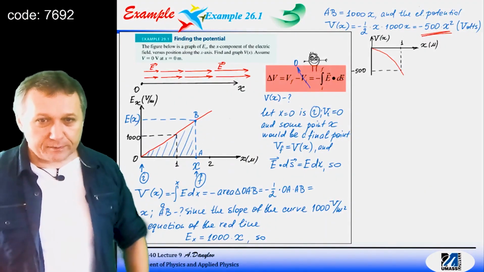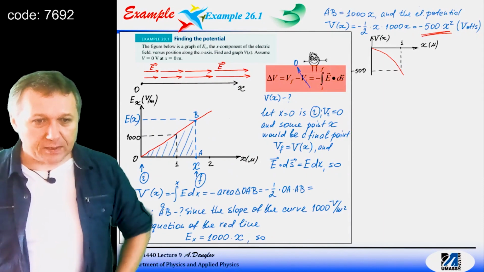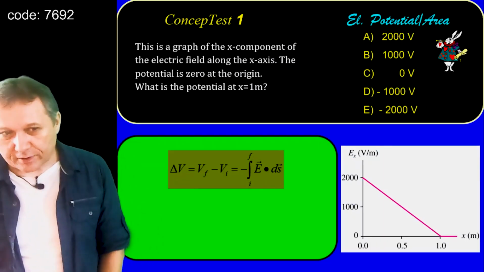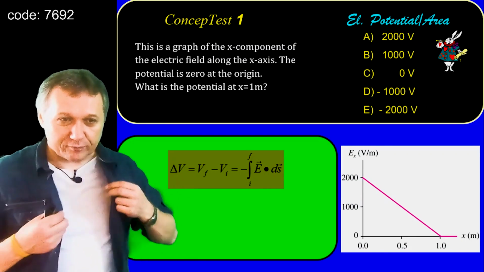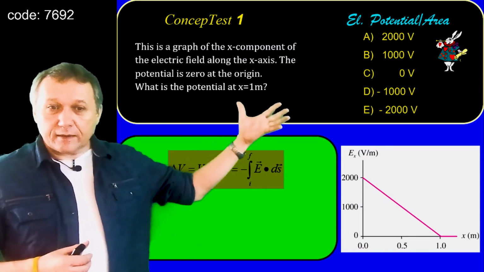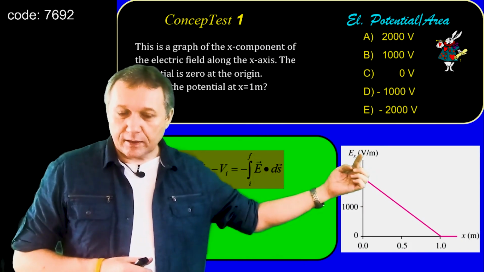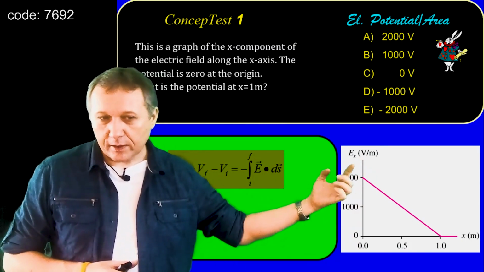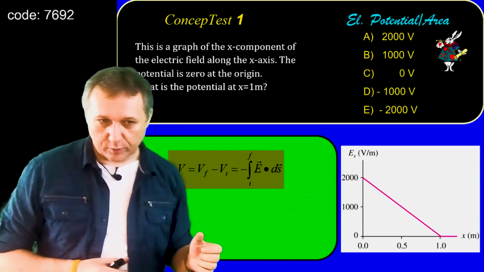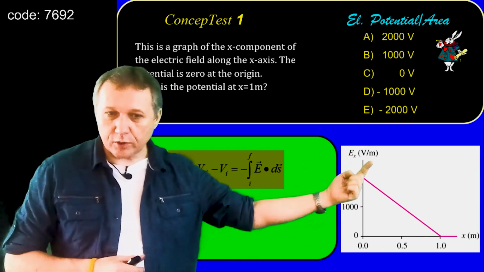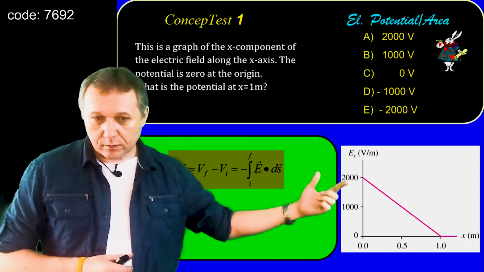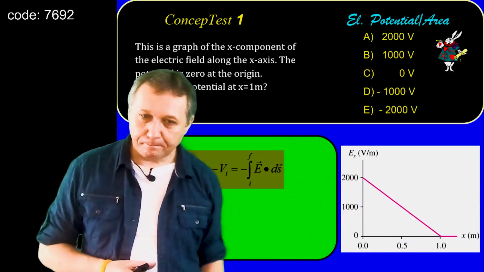So that's the example which we just discussed, and here's the question. Of course, the question is simpler, not like what we just discussed. Again, the same information about the electric field is given, and you see we have electric field along x direction only, so a one-dimensional case. Units are volts per meter, the same as newtons per coulomb, and you see the graph, a straight line.